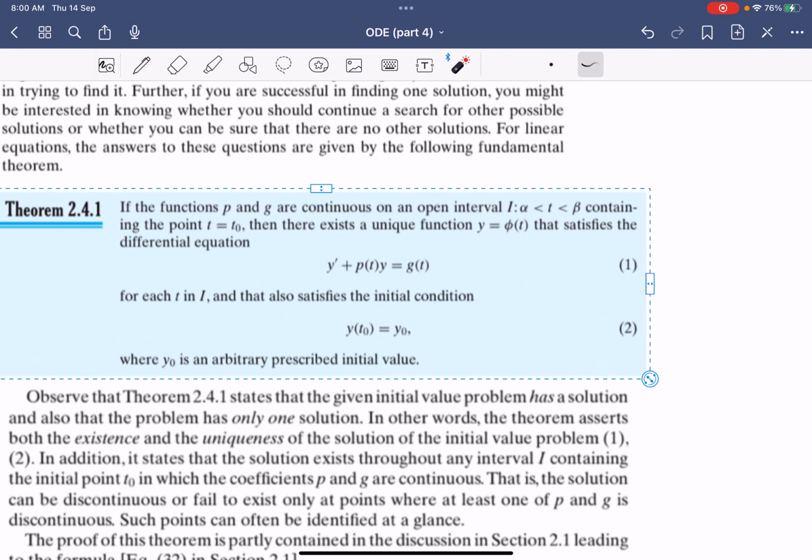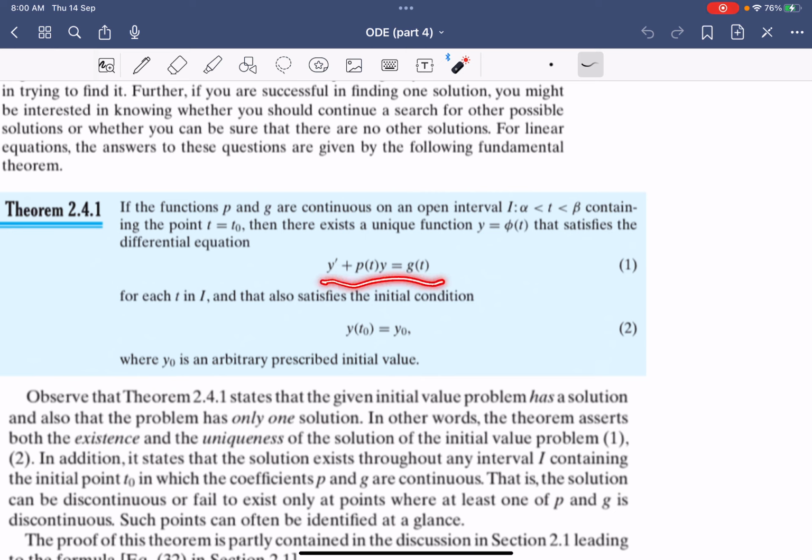But let's say that our linear ODE looks like the standard form, and the coefficients are continuous within an open interval containing the initial point. Then there will exist a unique function that satisfies this ODE.